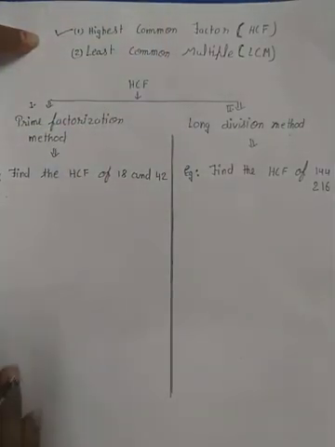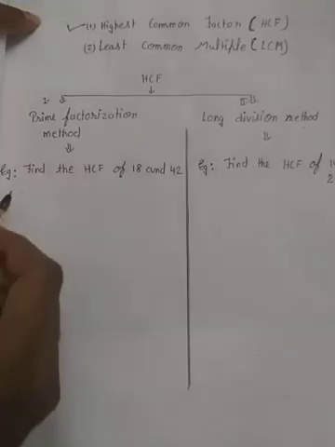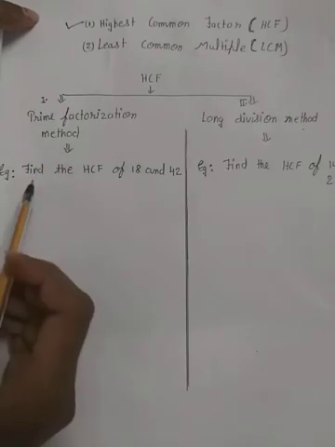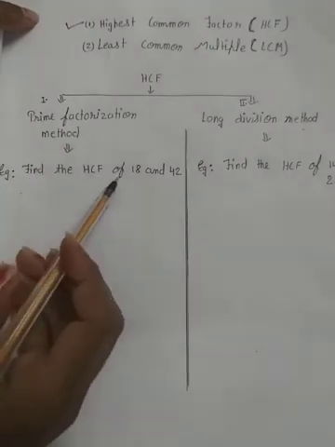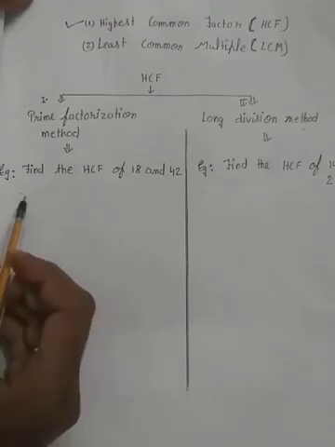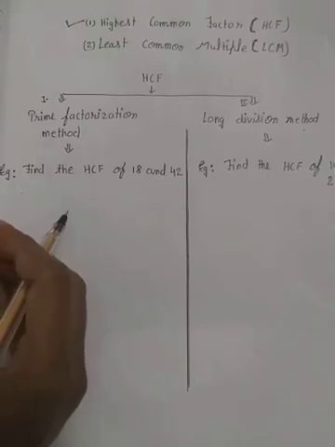Okay students, let's start with examples. The first example is for the prime factorization method of HCF. Find the HCF of 18 and 42. We know how to find the prime factorization.